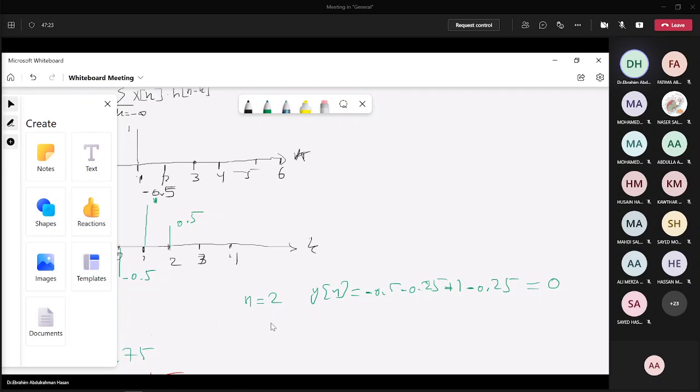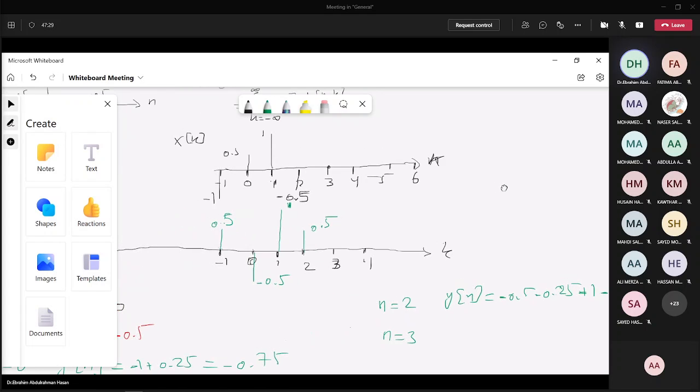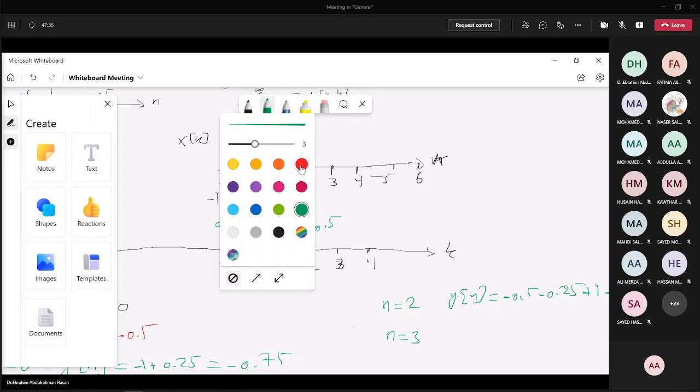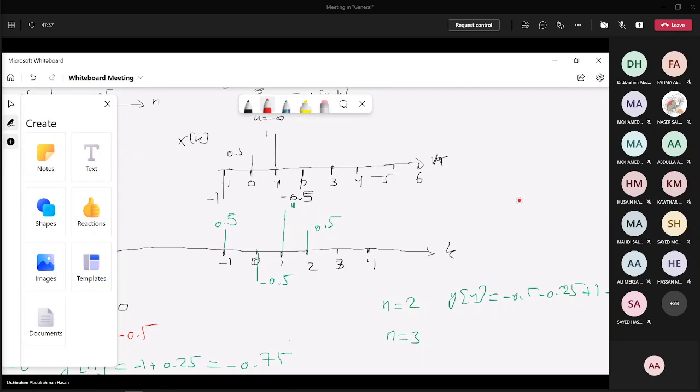Done, so then n equal to 3, just shift it to the right. Okay, so when n equal to 3, this one here will be 0.5. One will be here.